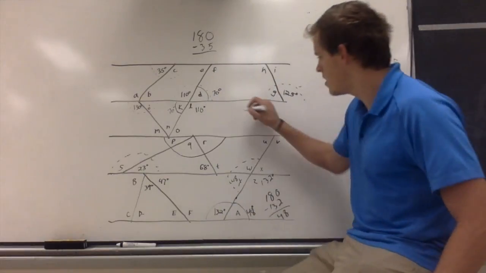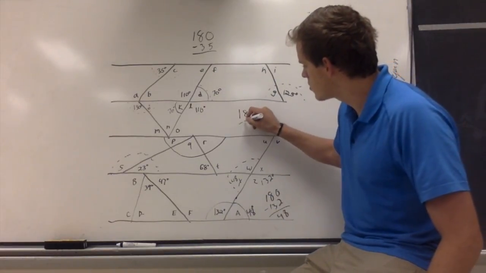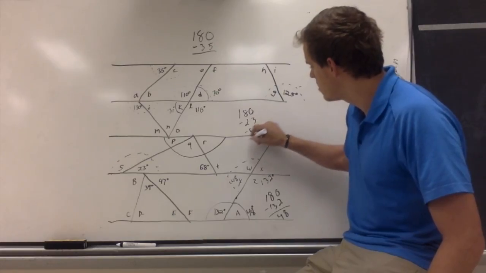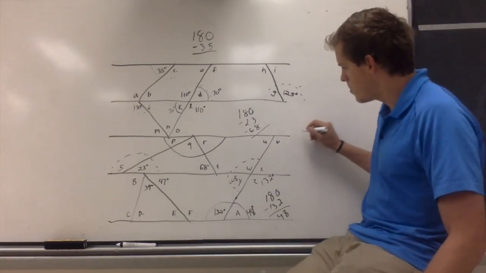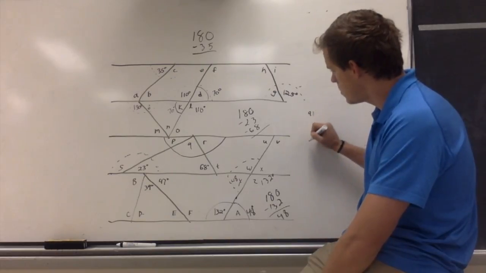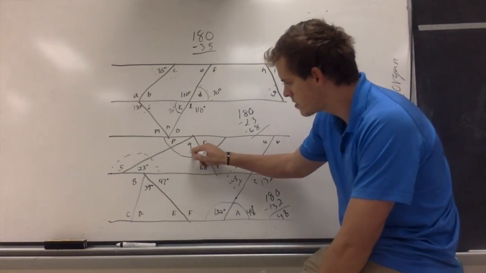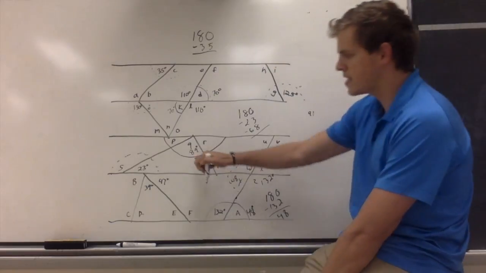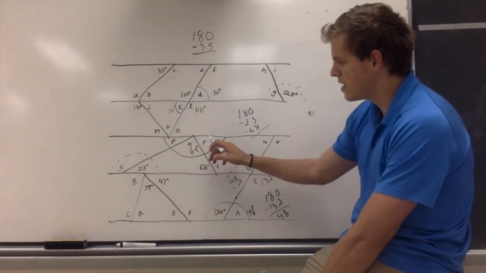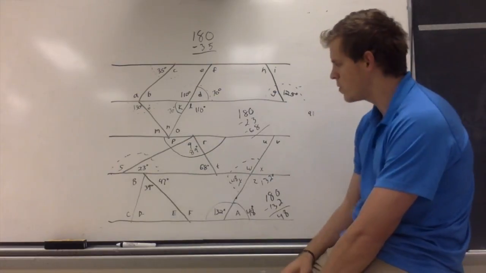If you take 180, subtract 23 and 68, should end up with, let's see, 91, so it should be 89 degrees. If that's 89 degrees, P and R should add up to 91.